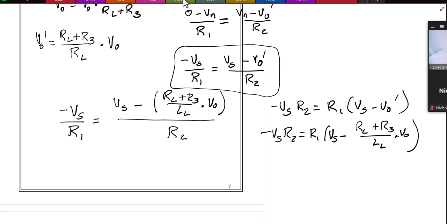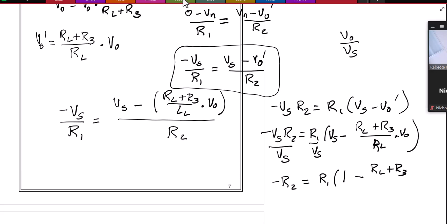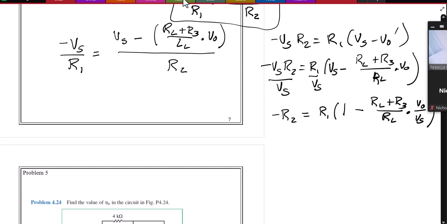Okay, now remember what I'm looking for is V out over Vs. So I'm now going to divide everything by Vs. And so I get minus R2 equals R1, and I'll bring that divide by Vs inside here, 1 minus RL plus R3 over RL times V out over Vs. And this is the thing I'm trying to solve for.